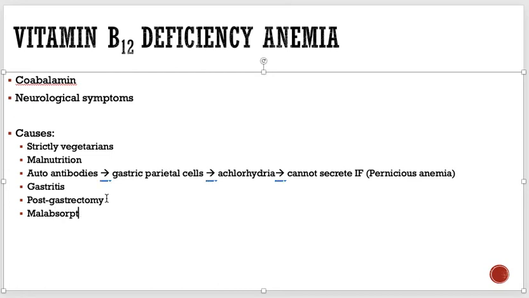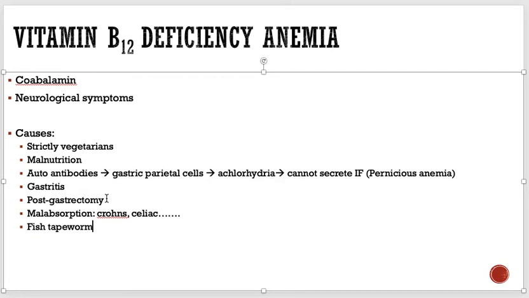Malabsorption or malabsorptive conditions, for example, Crohn's disease, celiac disease, and so on and so forth. There are many other causes, like pancreatic insufficiency. Not so important a cause, but fish tapeworm.